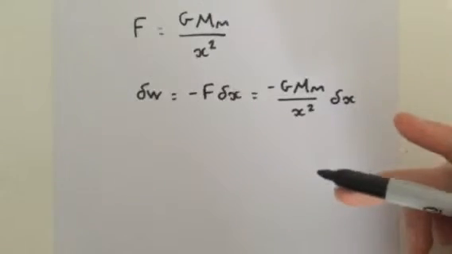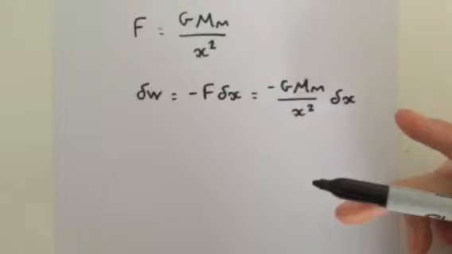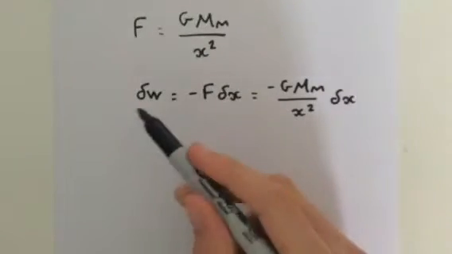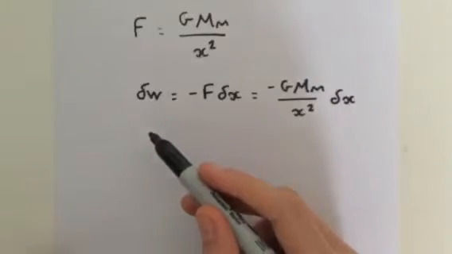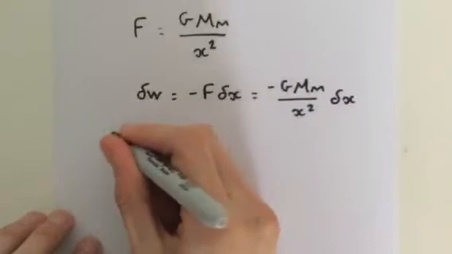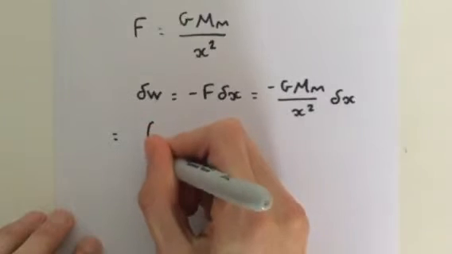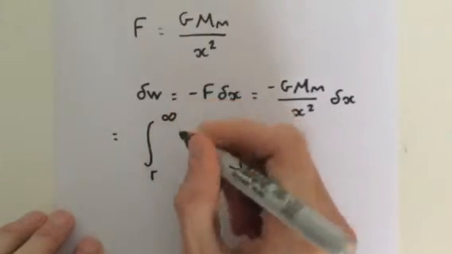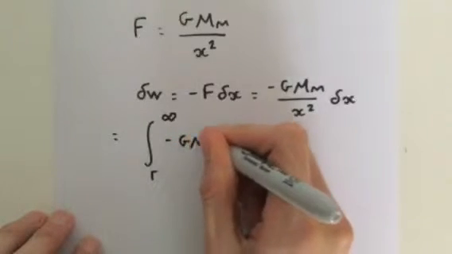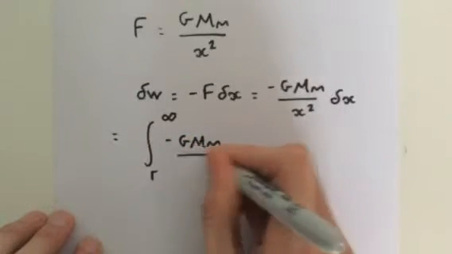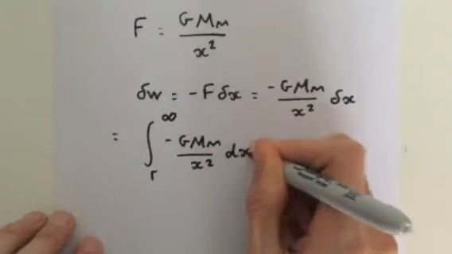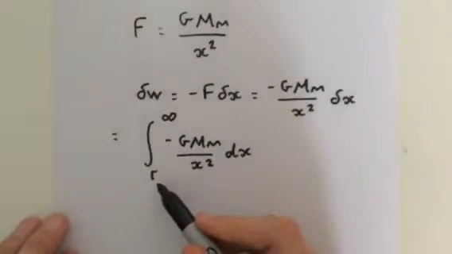To find the total work done while the body escapes, we simply integrate. This is equal to the integral from r to infinity of minus GMm over x squared dx, where r is the radius of the Earth.